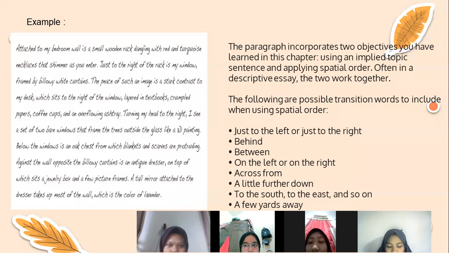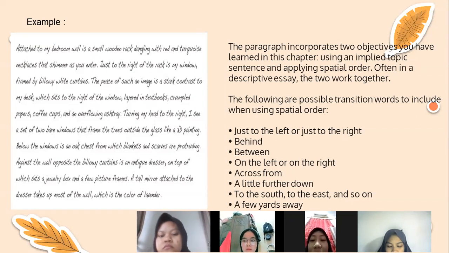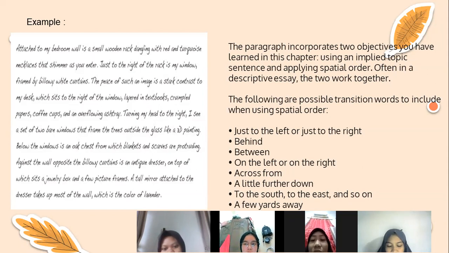A tall mirror attached to the dresser takes up most of the wall, which is the color of lavender. The paragraph incorporates two objectives you have learned in this chapter: using an implied topic sentence and applying spatial order, often in a descriptive essay. The two work together.